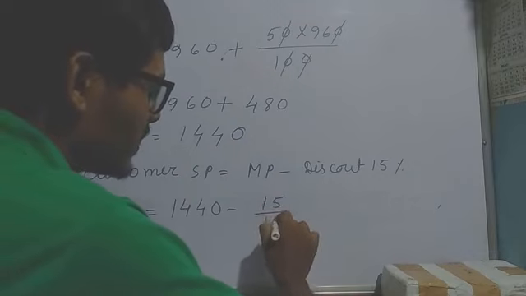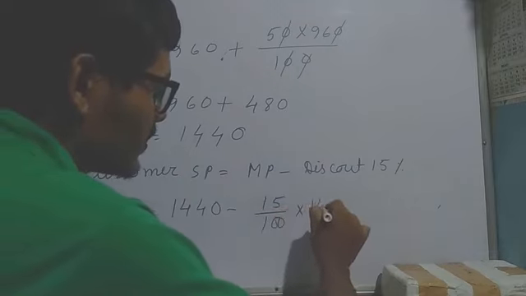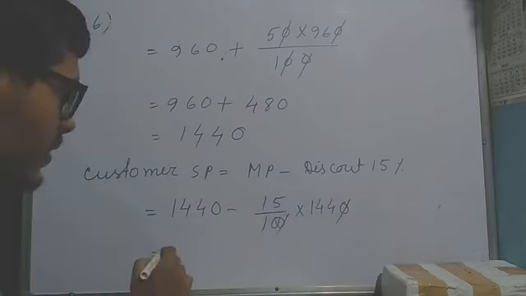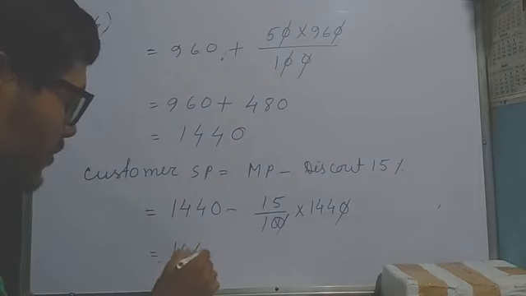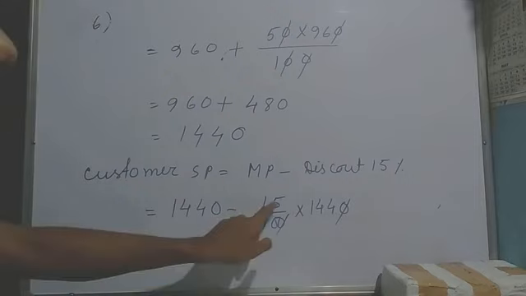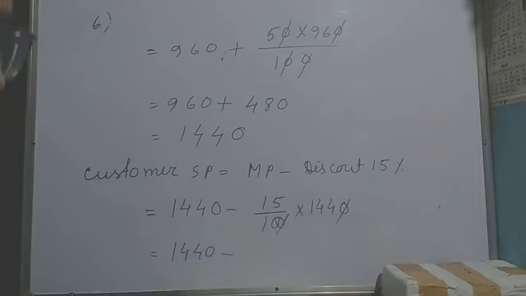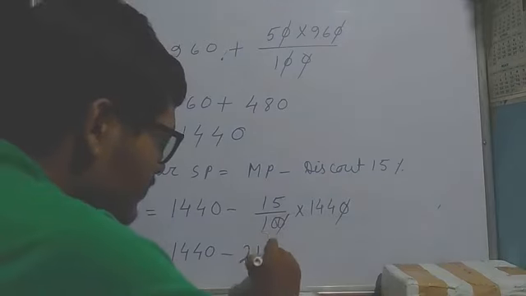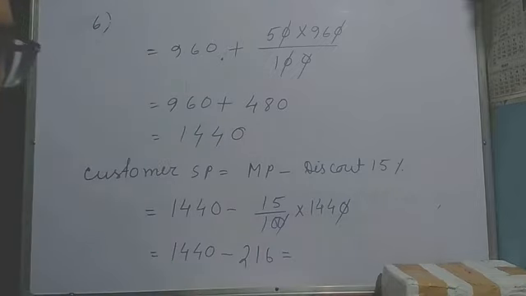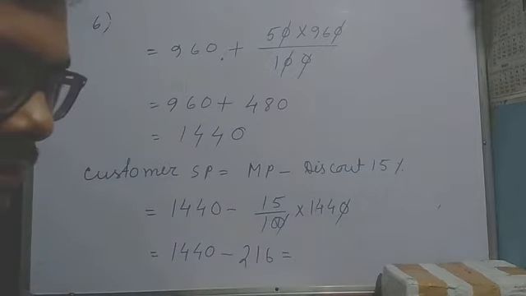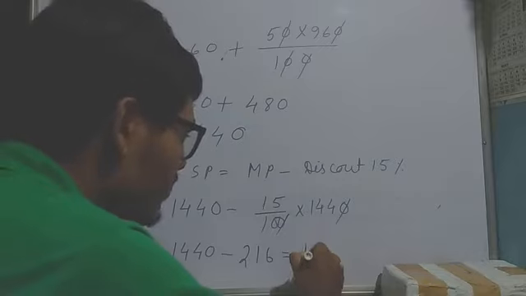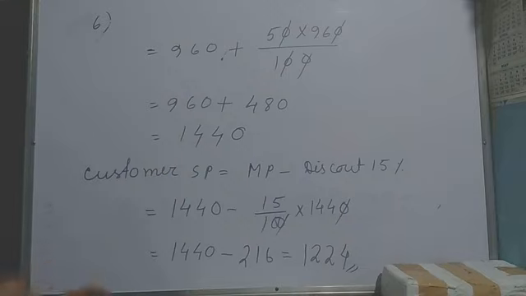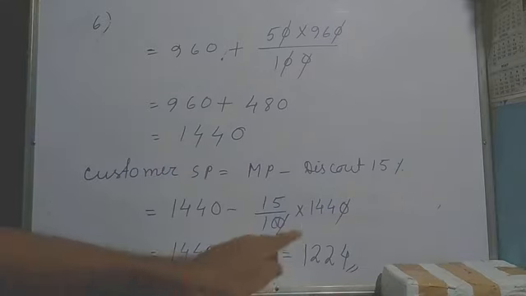So 15 by 100. Cancel 0. 15 multiplied by 144 divided by 10 is 216. 1440 minus 216 is 1224. Your answer will be 1224. This way you have to calculate 1224.